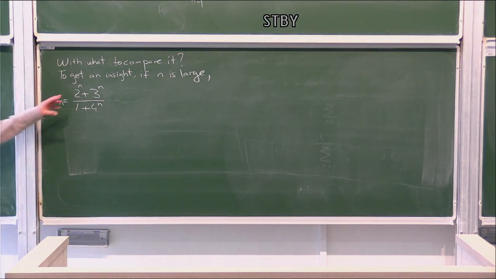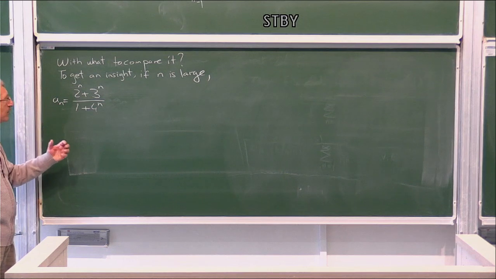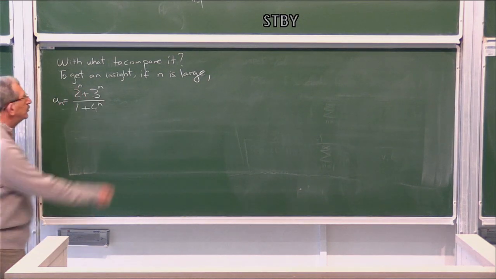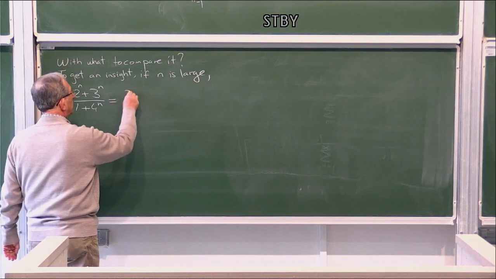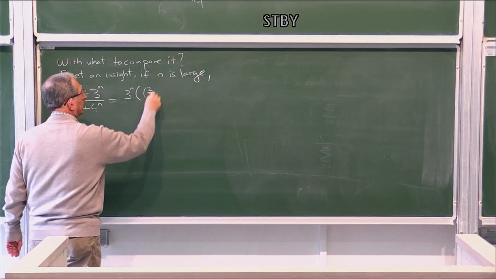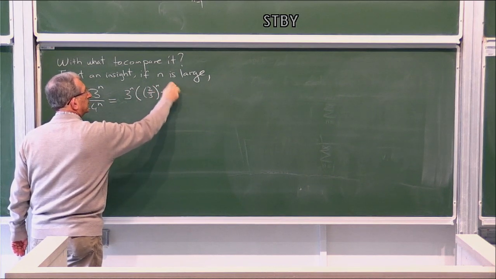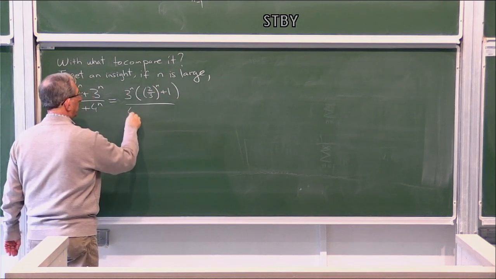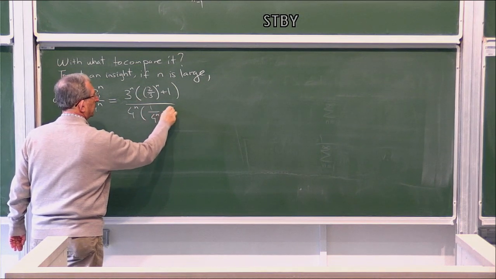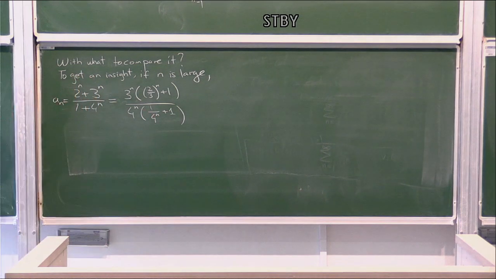Now, to see what happens if n is large, we have to take the largest terms out. That would be 3 to the n times 2 over 3 to the n plus 1, over 4 to the n times 1 over 4 to the n plus 1. Clearly, at the top, 3 to the n is the fastest increasing term.